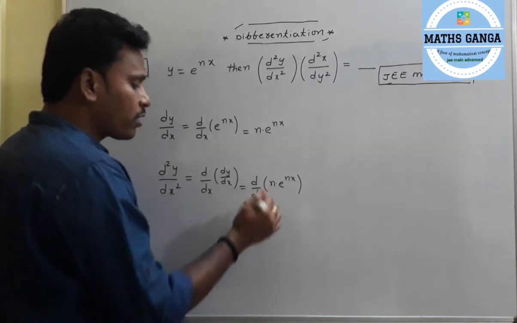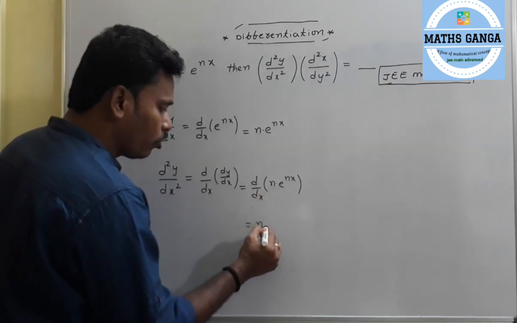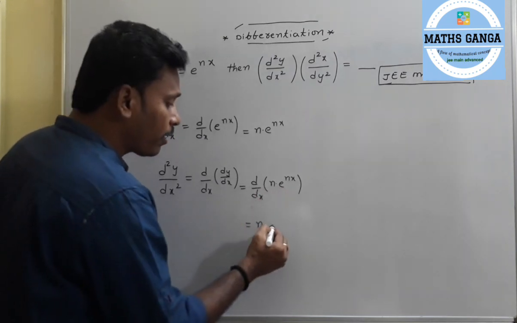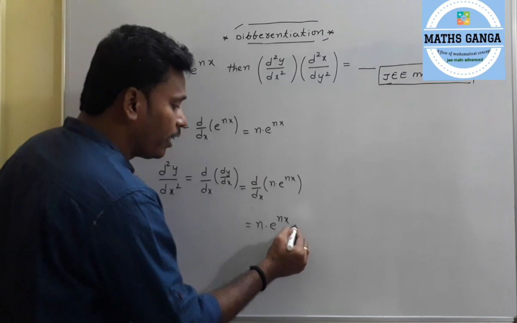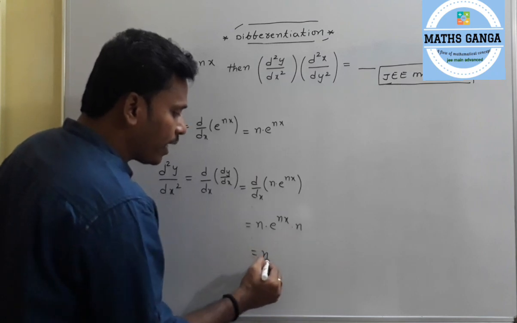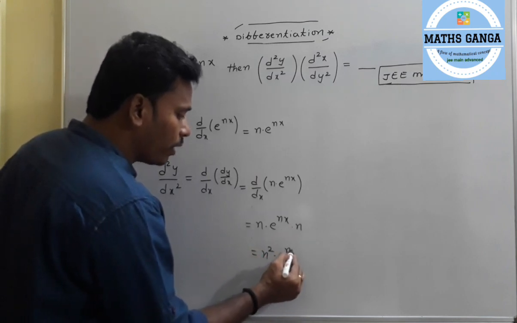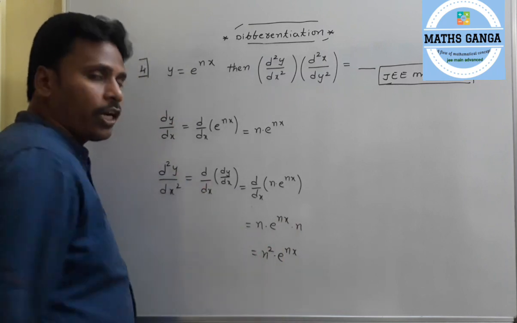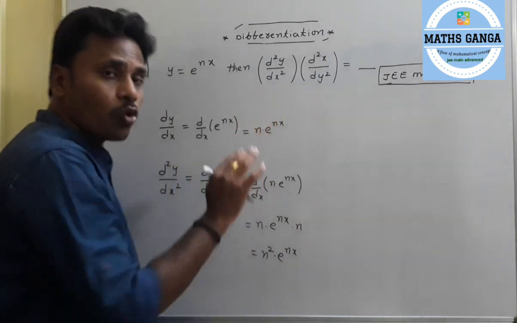And now you just separate this n into d by dx of e power nx, which is nothing but e power nx into n. Finally that is n square into e power nx. So d square y by dx square is n square into e power nx. So first part is over.